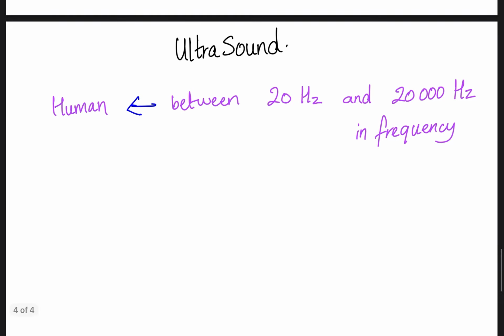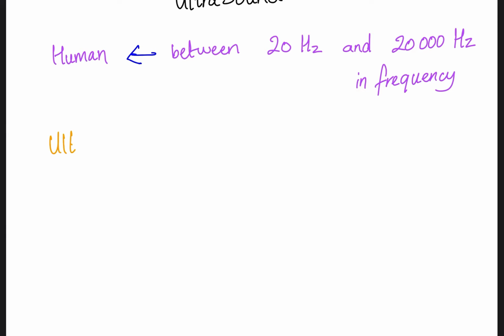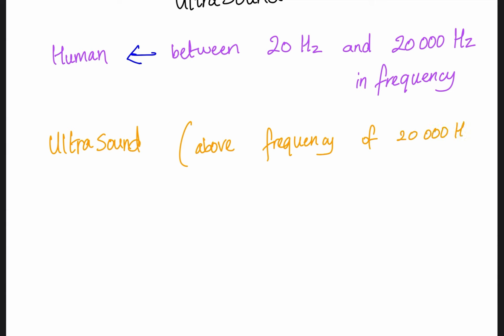All right. What is ultrasound? Ultrasound is anything above the range of 20,000 hertz. Anything above the frequency of 20,000 hertz is called ultrasound.